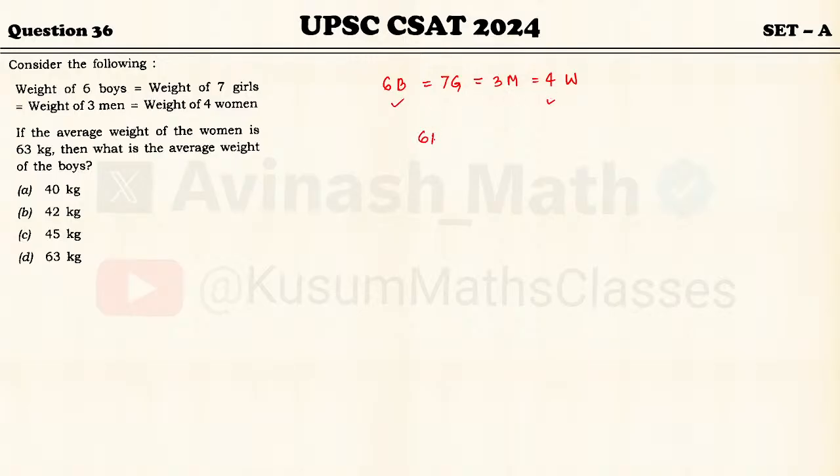Then 6b is equal to 4w, right? So here 4 multiplied by 63 is equal to 6b. This implies b is nothing but 4 multiplied by 63 divided by 6. 3, 21, this is 2, 2, this is nothing but 42. So the correct answer is B, 42 kg.